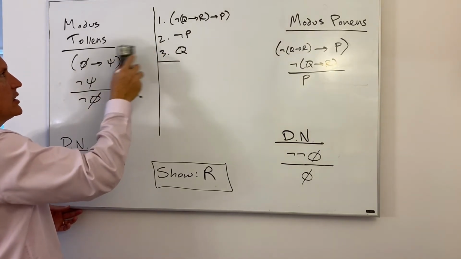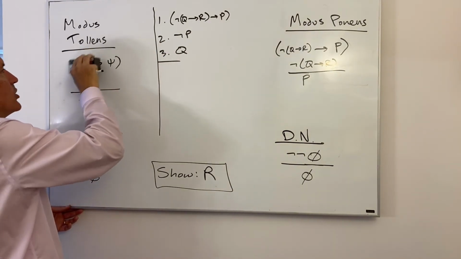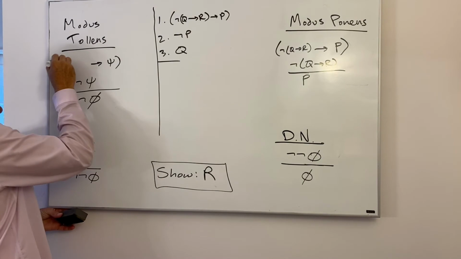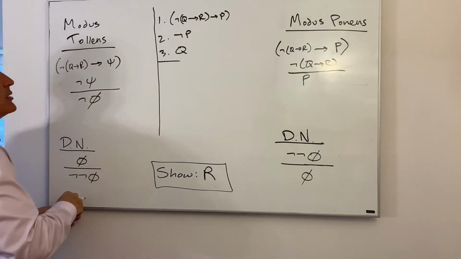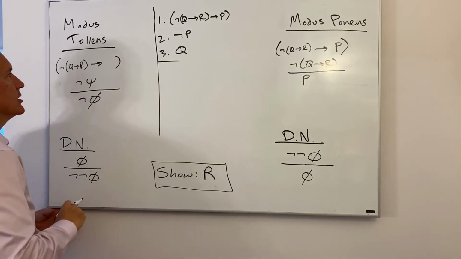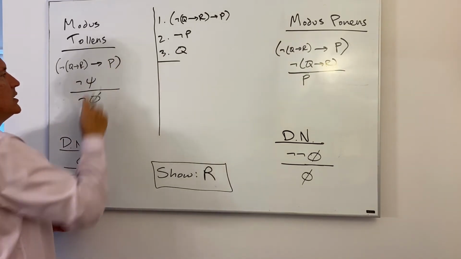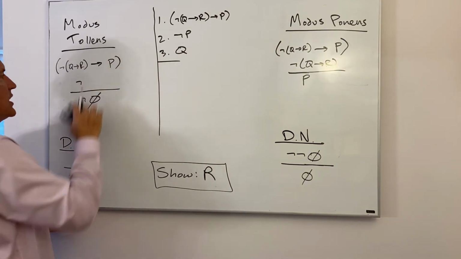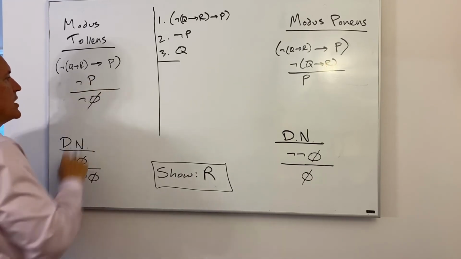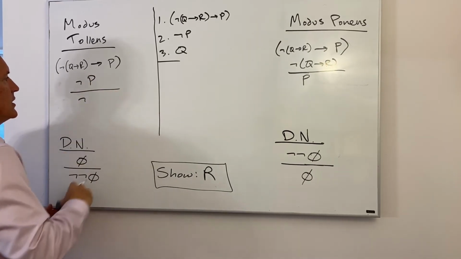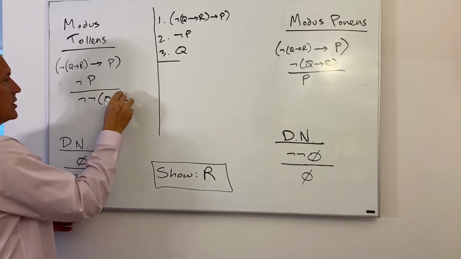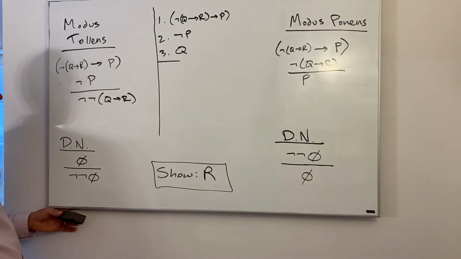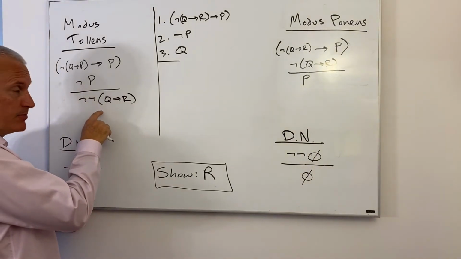I could see, can I do modus tollens? So here again, I'd have the conditional. It's rather complex, right? But I'm going to write in there P for psi, and I'm going to write in not the case Q arrow R for psi, the pitchforky guy, right?